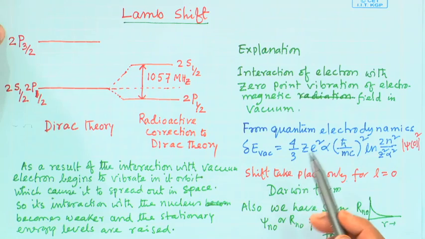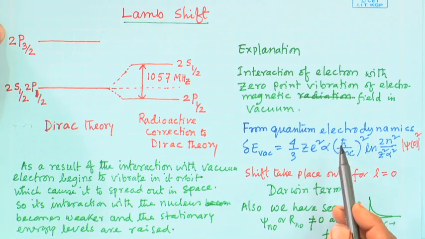Similarly, in an electromagnetic field in vacuum, there should not be any electromagnetic field, right? It is just similar to the zero point energy of the harmonic oscillator. For n equal to 0, there should not be any oscillation, any energy, but it is there. That is why it is called zero point energy. It has come from quantum mechanics.